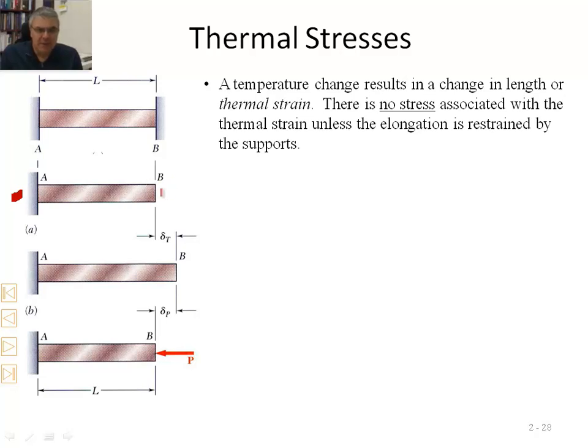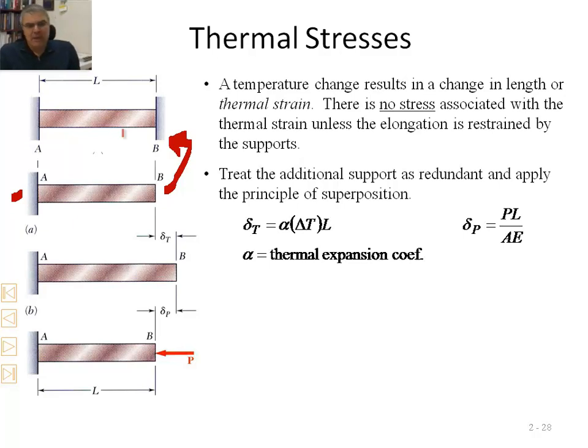As a result, we are going to only have the strain without having any type of stress. If I go up to the first picture on top, if I restrain both ends, then I'm going to have stresses due to the thermal strain. So please keep that in mind.